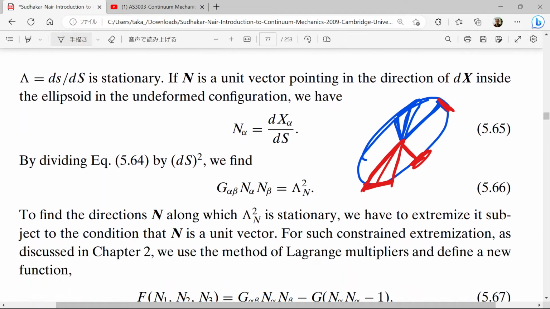If N is a unit vector pointing in the direction of dx inside the ellipsoid, in the undeformed configuration, we have N alpha equal to dx alpha over ds. Unit vector pointing in the direction of dx.